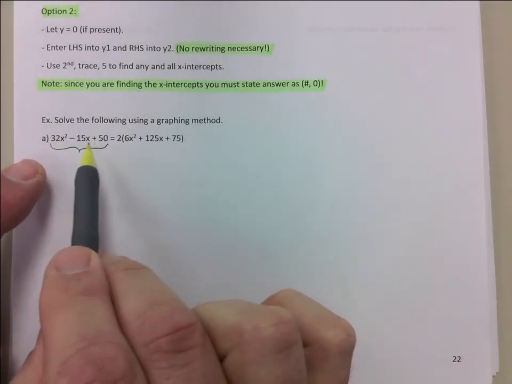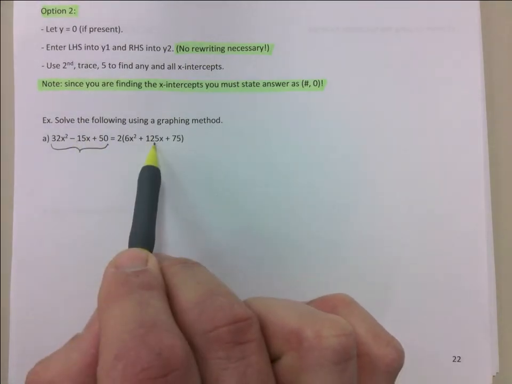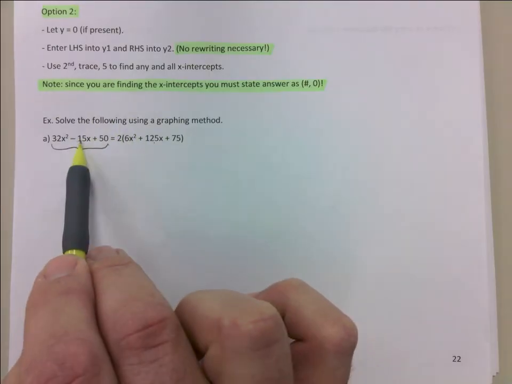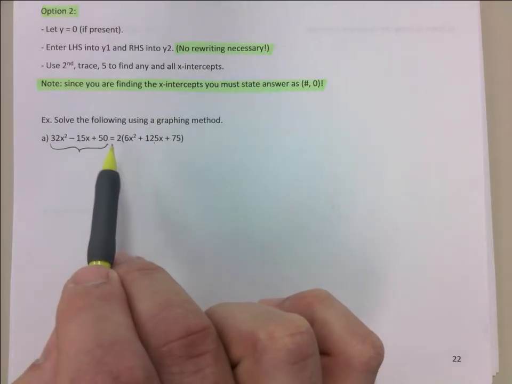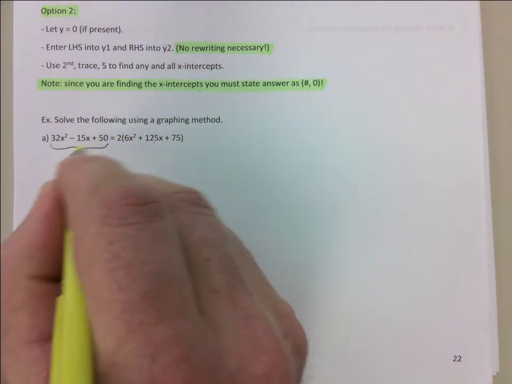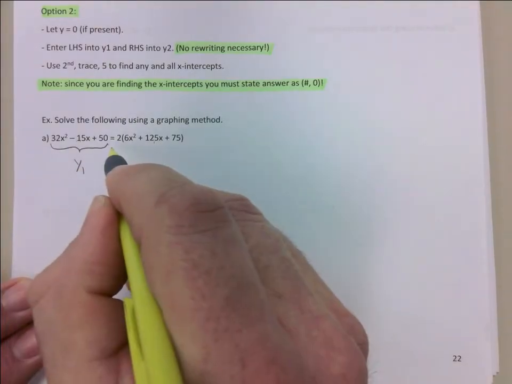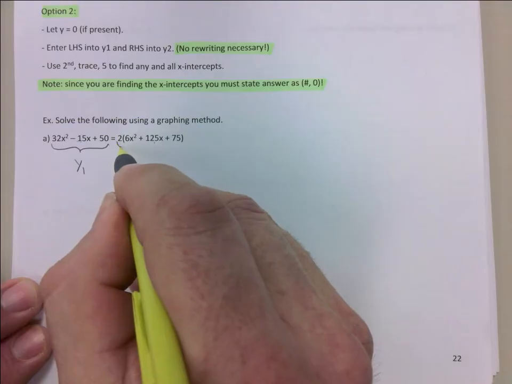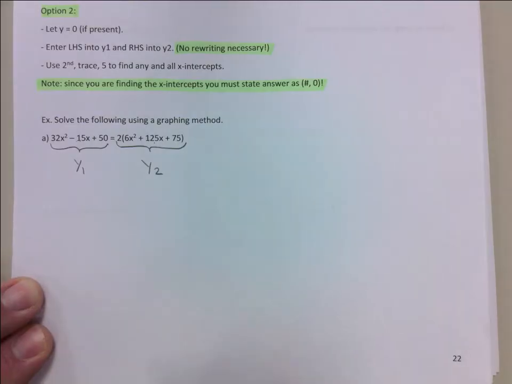You have terms here, you've got terms there. Sometimes you've got two quadratics. Sometimes you have a quadratic and a linear. It'll be kind of messy, okay? But it doesn't matter. We'll take all this, we'll put this into y1. We'll graph that. And then we'll take this and put this into y2.